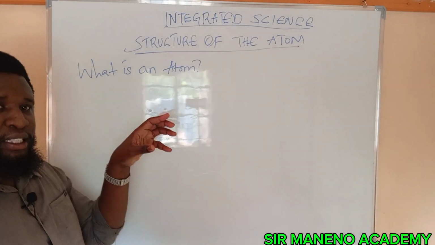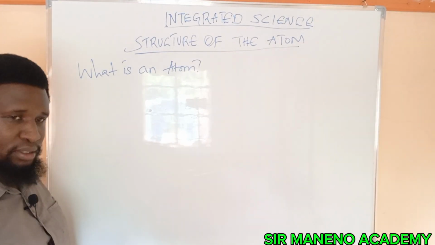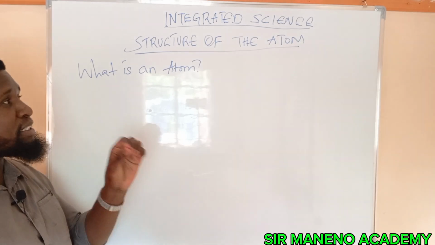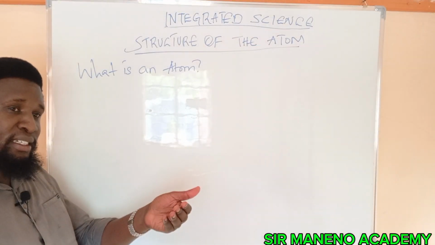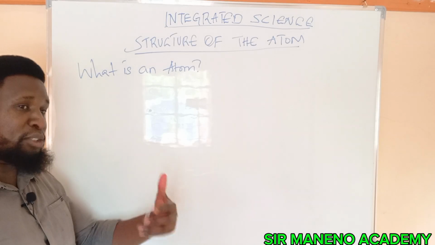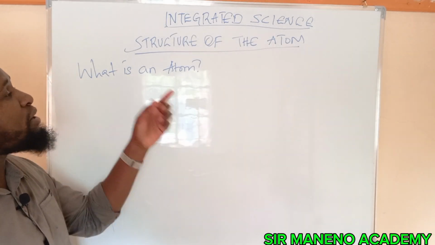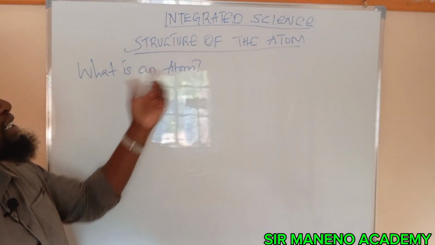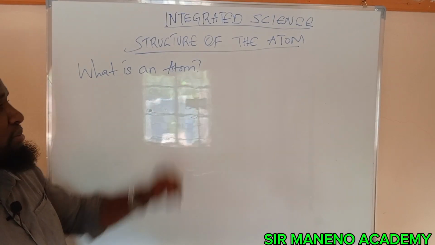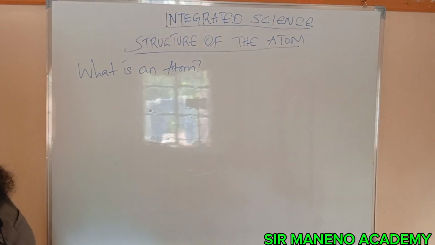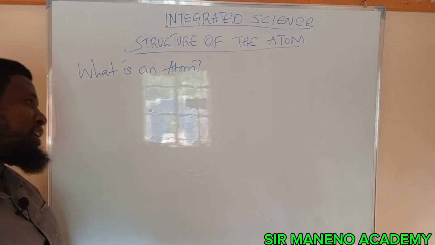So an element contains particles, and the particles are of the same kind and cannot be broken down into simpler particles. So one of the particles that are found in an element is atom. So atoms are particles that are found in an element.